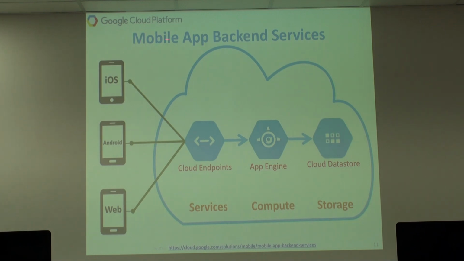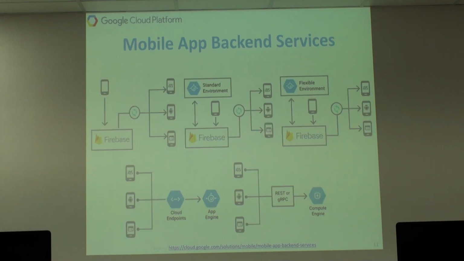So there are the mobile app backend services. All right, there are many solutions you can use. For example, you can simply use Firebase, or you can use Google App Engine with standard environment or flexible environment in conjunction with Firebase.